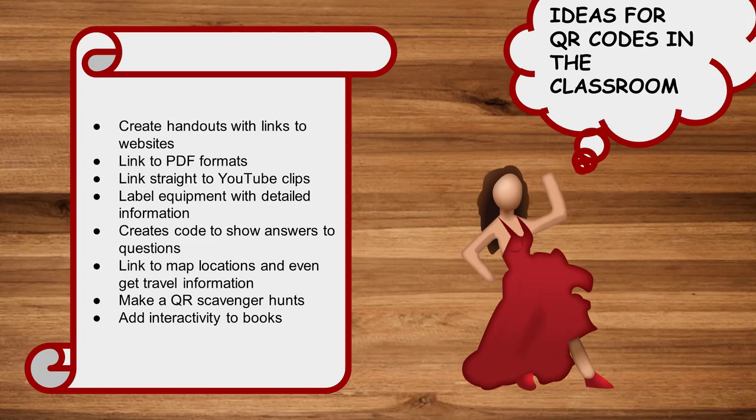This is mostly good in a BYOD classroom, that's bring your own device classrooms, whereby learners come in with their device. So I could tell them to go around and scan the QR codes so that they get to know what each equipment is used for. And also it can be used to add interactivity to books. We're going to see that in the next slide.